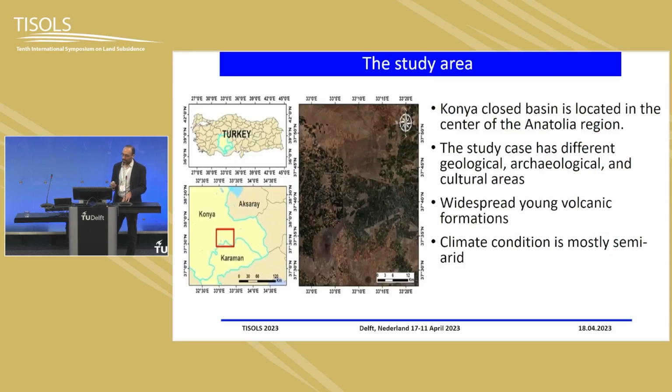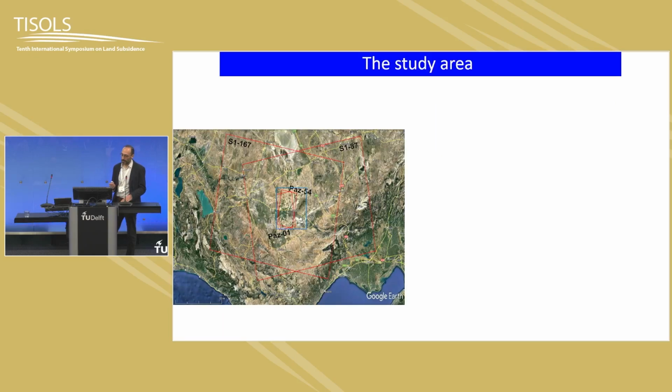The center is mostly covered by agriculture, and there are also different geomorphological structures like volcanic formations and sand dunes around the region. It is mostly a semi-arid environment. The two frames are covered by Sentinel, quite a large area, but the PAZ data coverage is not so big.